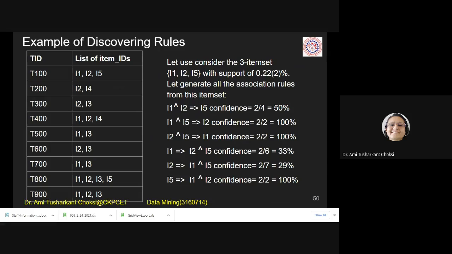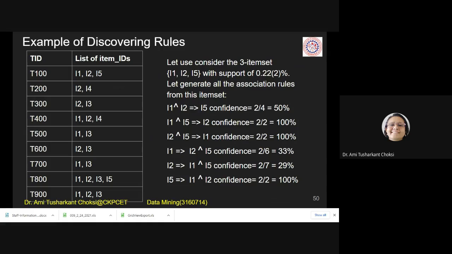That is, the support of all these 3 items divided by the support of the items given before the implication sign, isn't it? So let's take I1, I2, I5. Now you know how to count that, right?